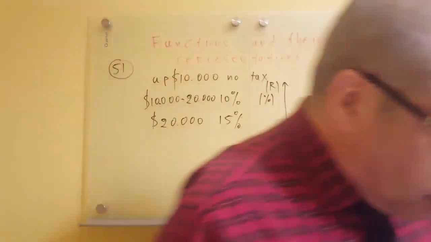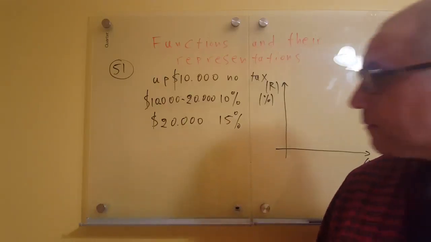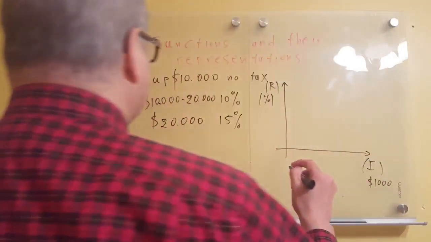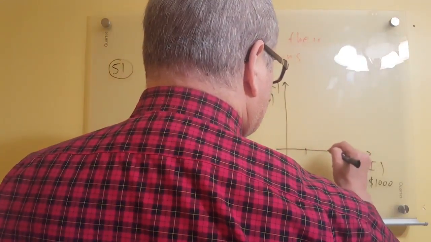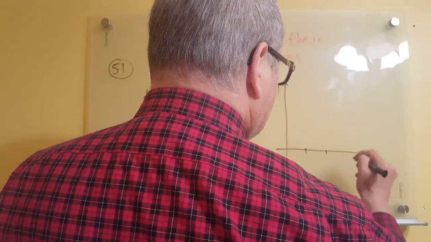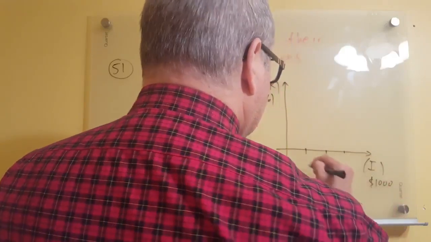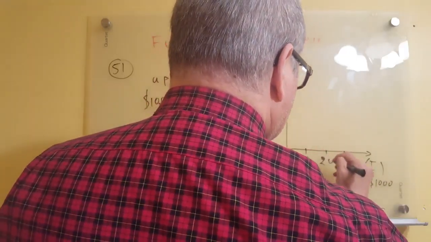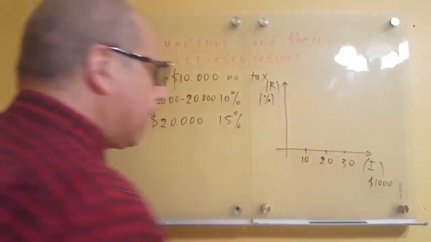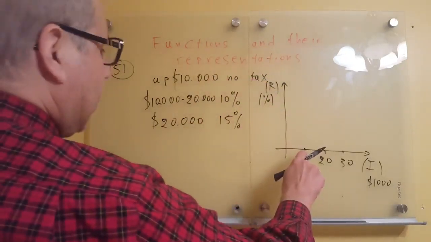The main points here should be 10,000. So let's say this is 10,000, this is 20,000, and this is 30,000. And for the tax rate, there is no tax up to 10,000.